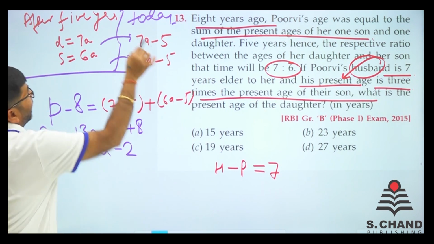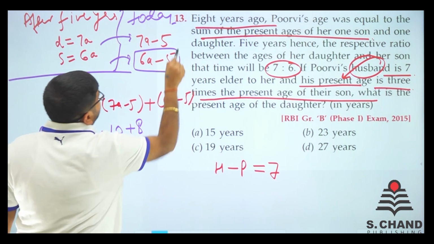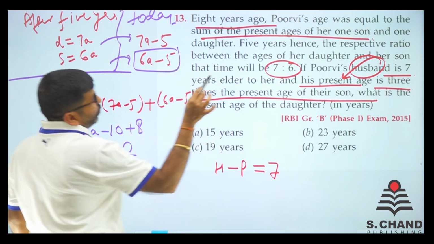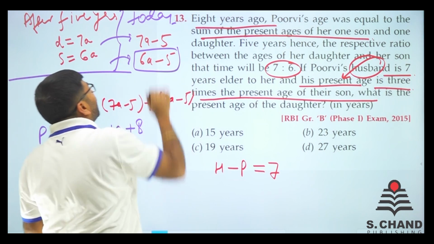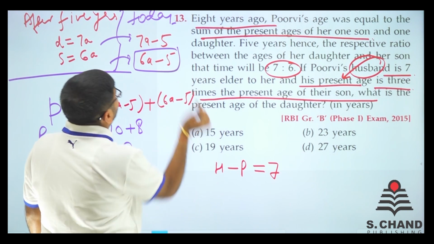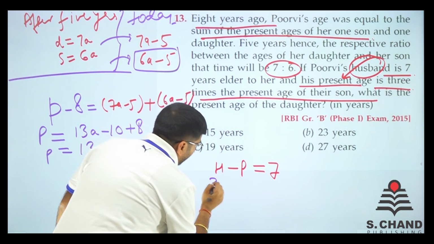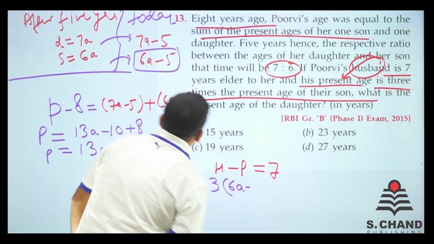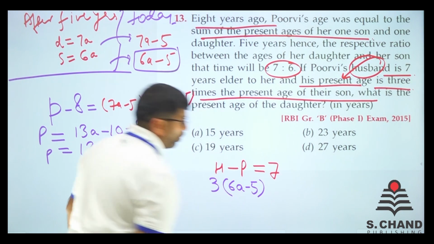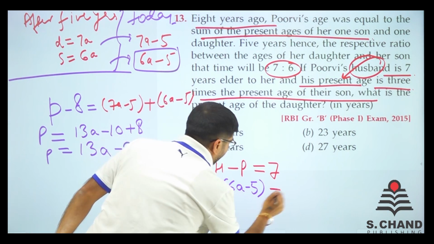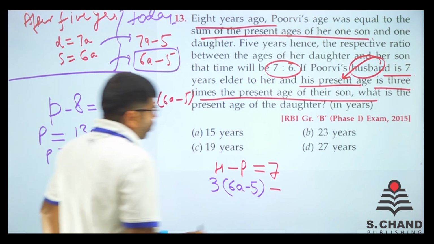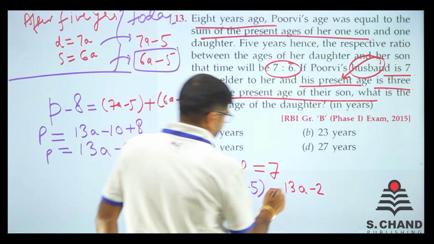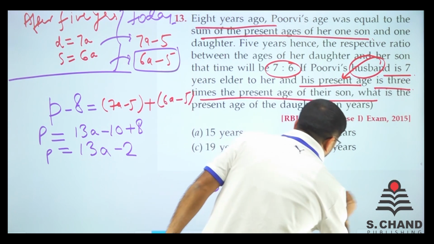Unke son ki present age, this is son's age. हस्बैंड की प्रेजेंट एज 3 टाइम्स है उसके सन की प्रेजेंट एज से. 3 times son's present age is 3 times (6a minus 5), right? Minus P, देखिएगा, P is 13a minus 2. So it is 13a minus 2, minus, is equal to 7.